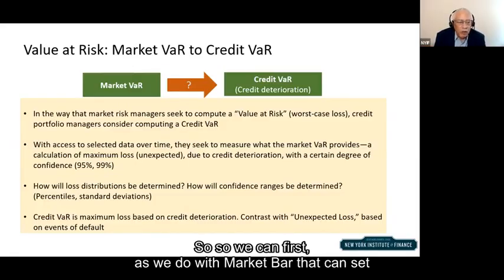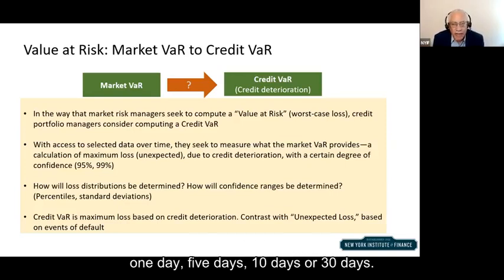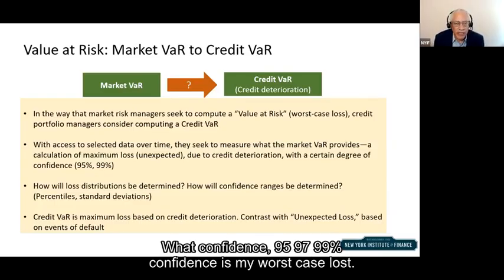So first, as we do with market VAR, we can set a time limit in terms of over what time period: 1 day, 5 days, 10 days, or 30 days. What is my worst case decline in value? And then a confidence level. To what degree, what probability, what confidence, 95, 97, 99% confidence is my worst case loss.